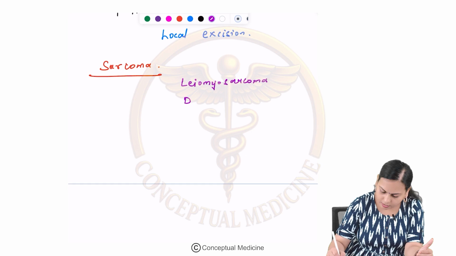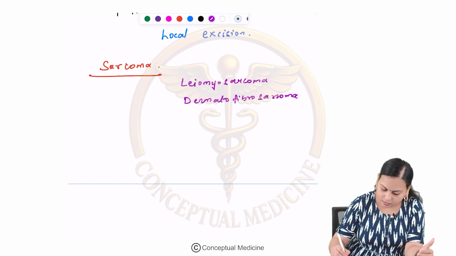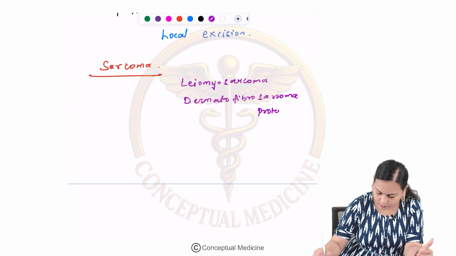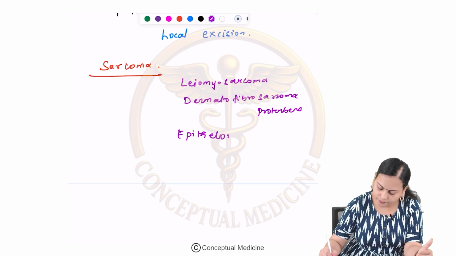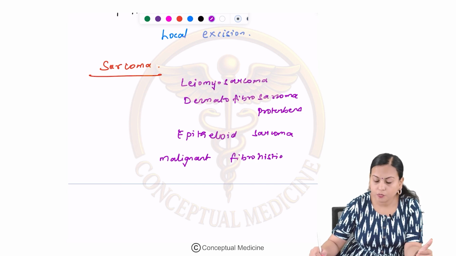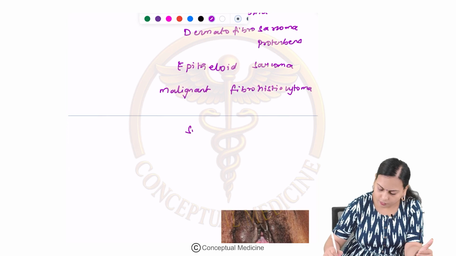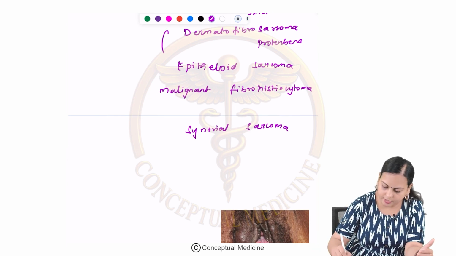However, dermatofibrosarcoma protuberans, then epithelioid sarcoma, malignant fibrous histiocytoma and also synovial sarcoma, or the various types, can be seen.